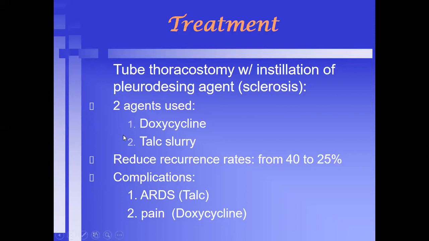So we usually use two agents, your doxycycline and your talc slurry. So this pleurodesis can actually reduce the recurrence rate from 40% to just 25% in these patients.